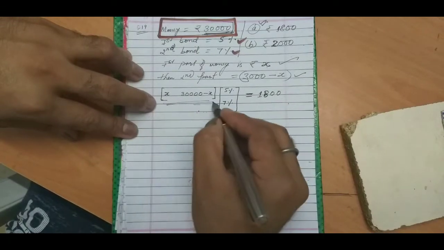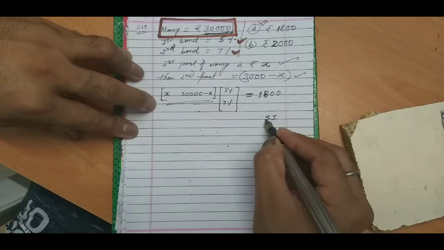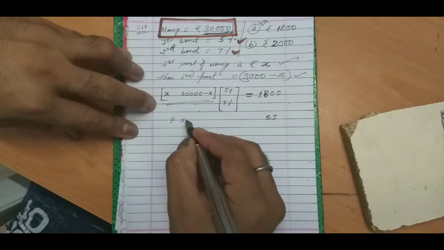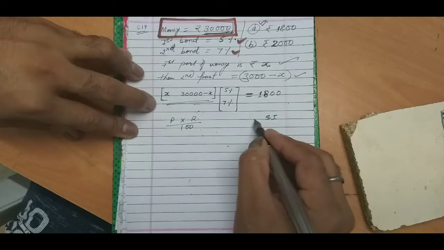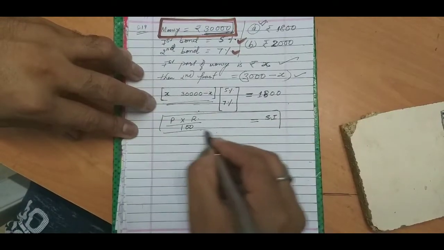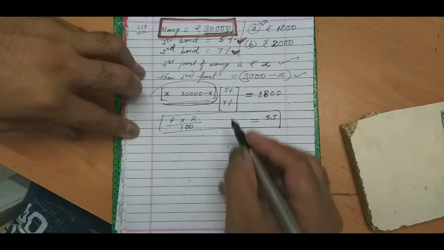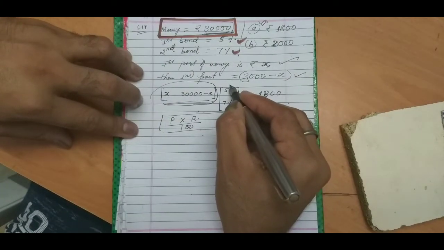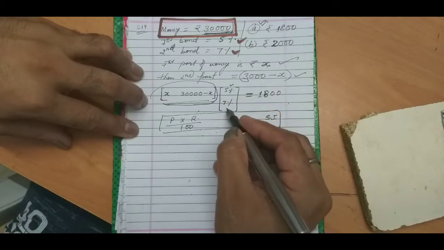What is the formula for simple interest? Principal into rate over 100 is equal to simple interest. So this is the principal amount, and this is the rate, 5 and 7, and percent means upon 100.